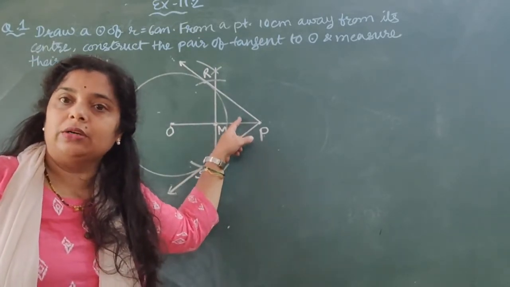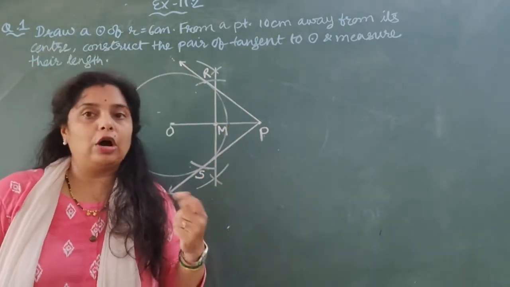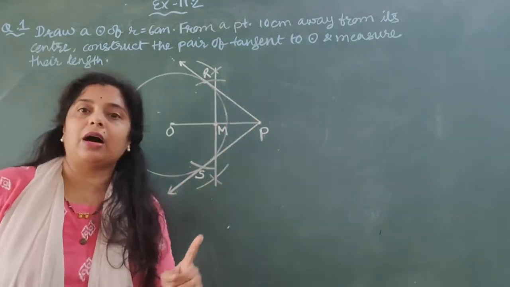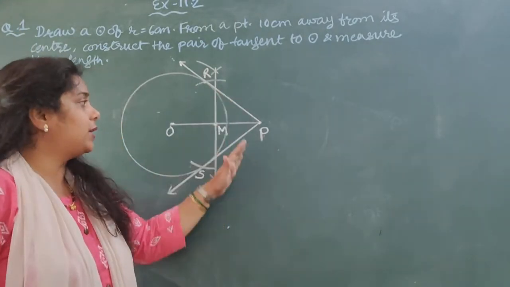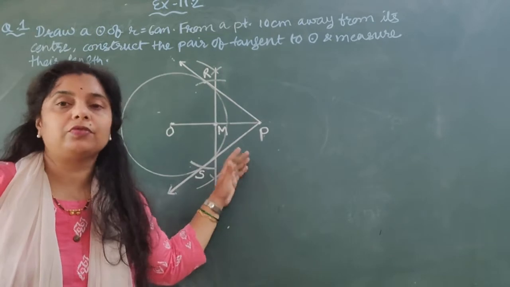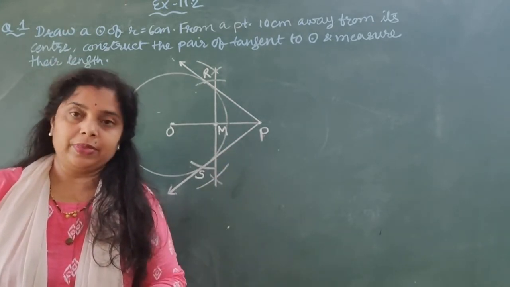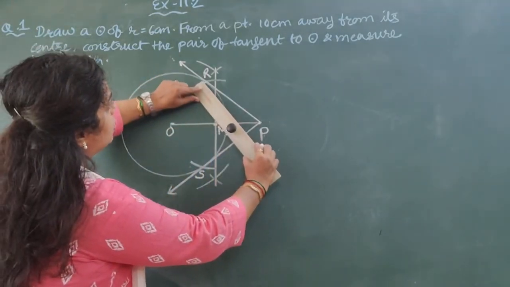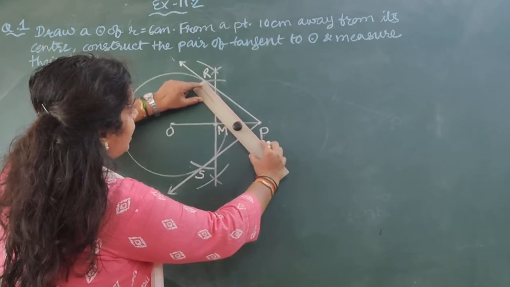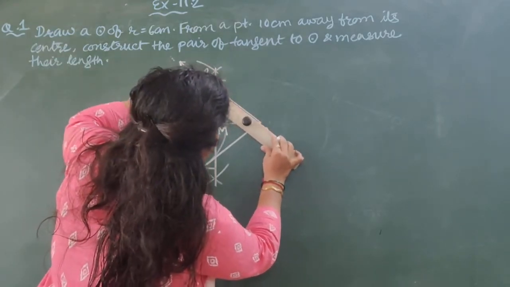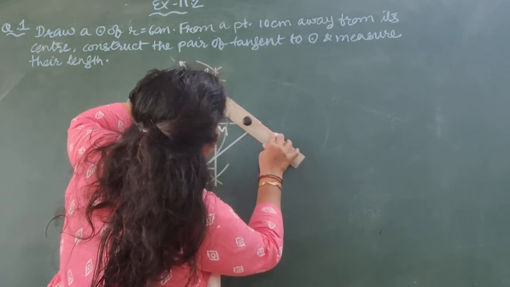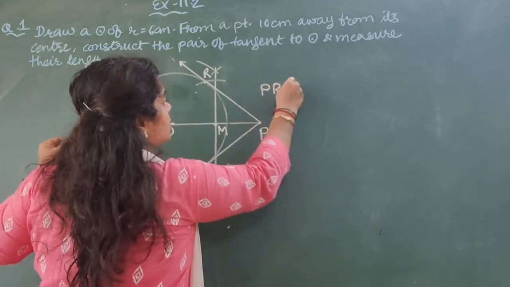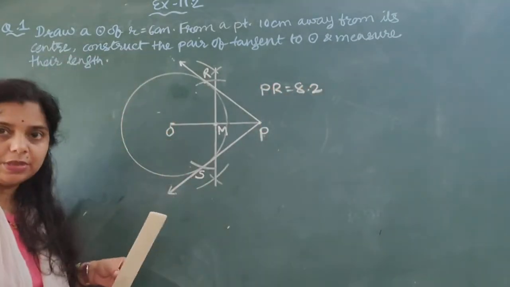As I told you earlier, from the exterior point of a circle, how many tangents will pass? 2. And the lengths of the tangents PR and PS are equal. Like this we can construct tangents from an exterior point of a circle. If they ask to measure it, we have to put the scale 0 here at point R, at the point of contact, and here at P. So in my scale, I got that PR is equal to 8.2 centimeter.